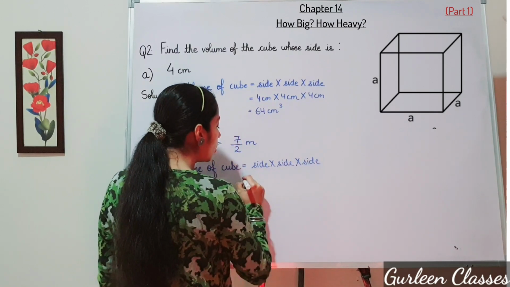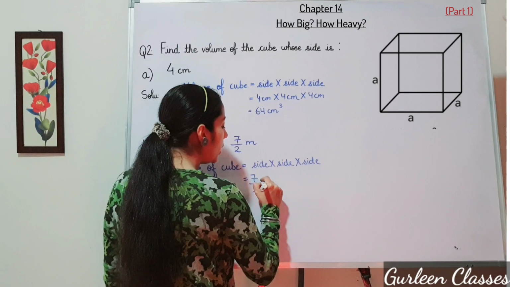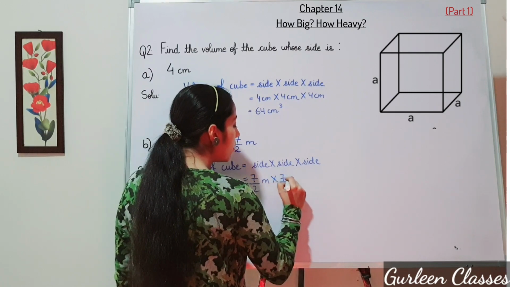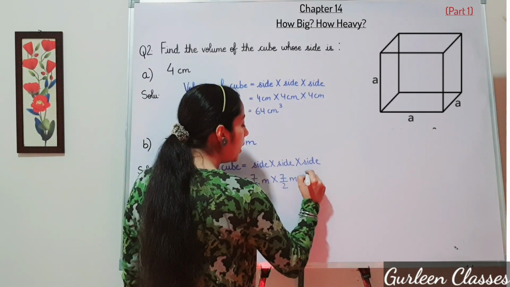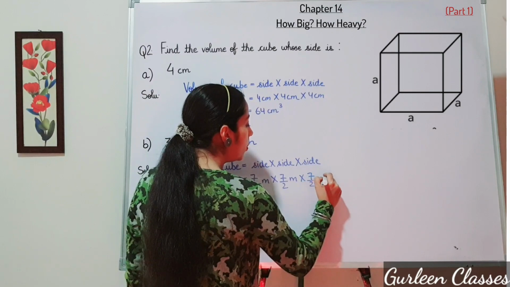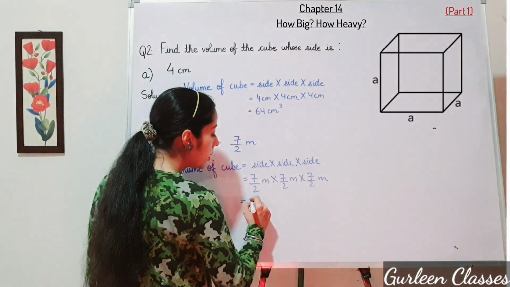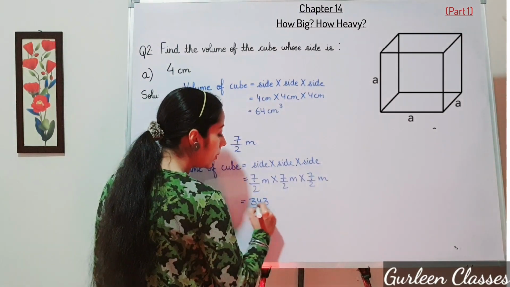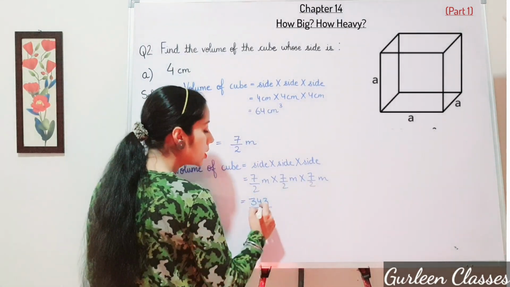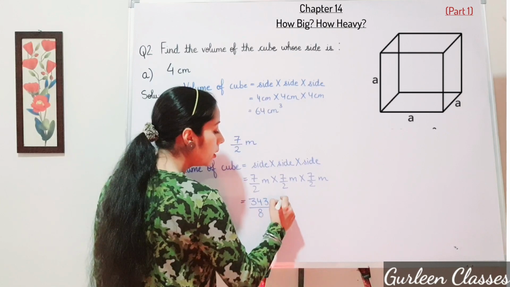So side is how much? 7 upon 2 meter into 7 upon 2 meter into 7 upon 2 meter. 7 sevens are 49, 49 sevens are 343. 2 twos are 4, 4 twos are 8 meter cube.